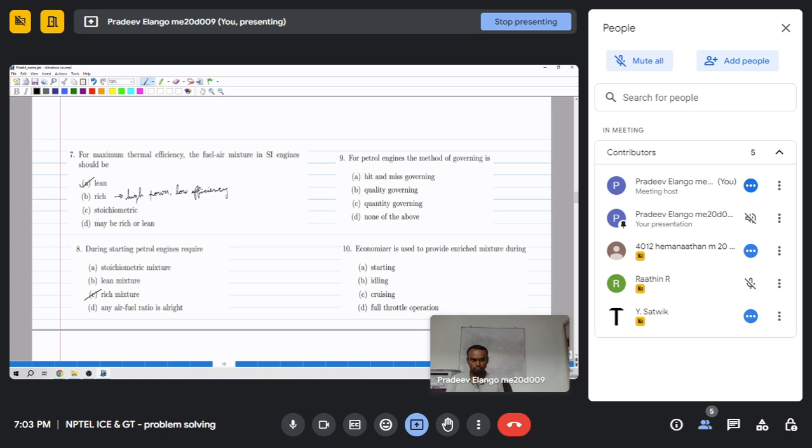For idling. For idling, yeah. Why is rich needed for idling or starting? To have stable combustion.